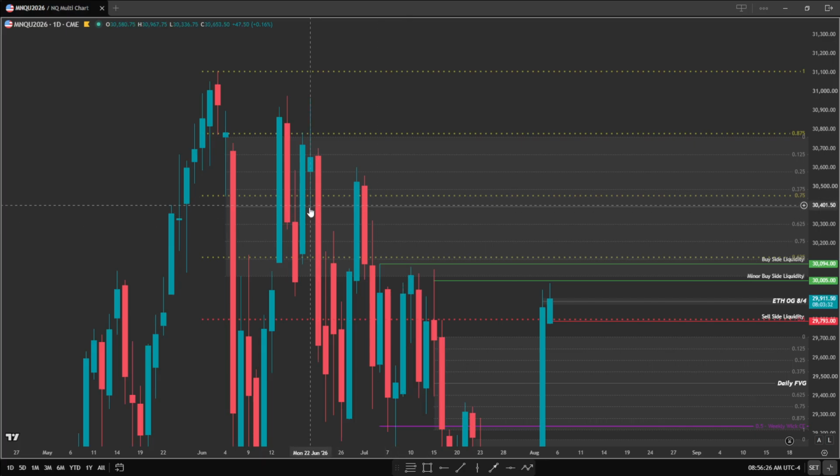It's also anchored to this wick. This wick is anchored to it. There's a new day opening gap right here as well. Both these candles that make up that new day opening gap are anchored to that, so that's probably something to watch.